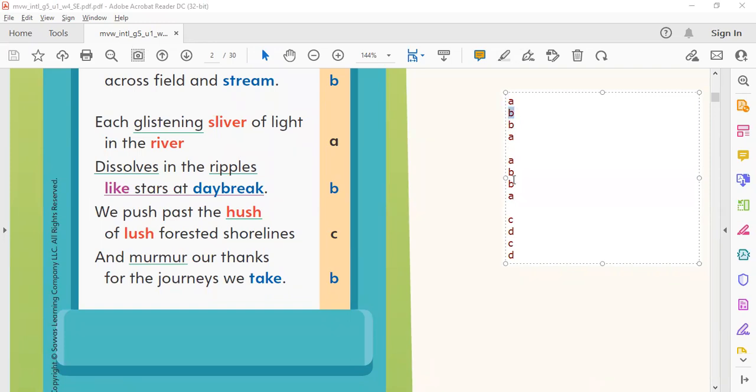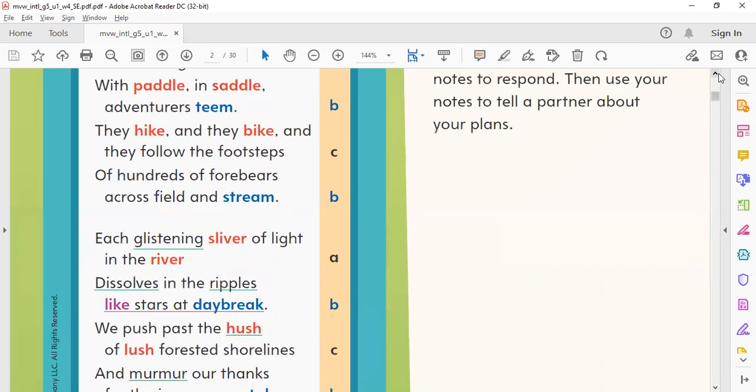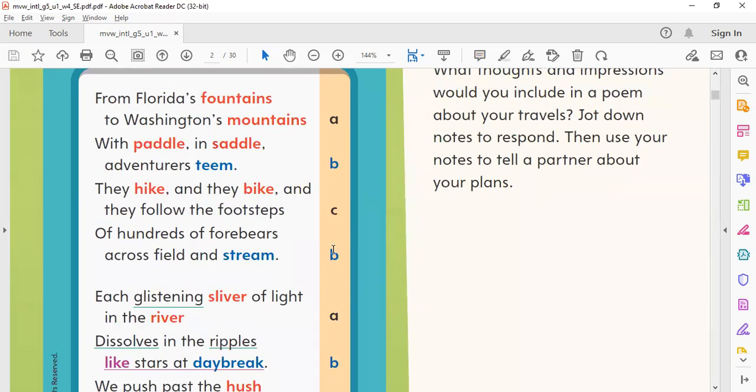Also in the second stanza, but in the third stanza it is different because the first rhymes with the third and the second rhymes with the fourth. But here our rhyme scheme is A, B, C, B, A, B, C, B.